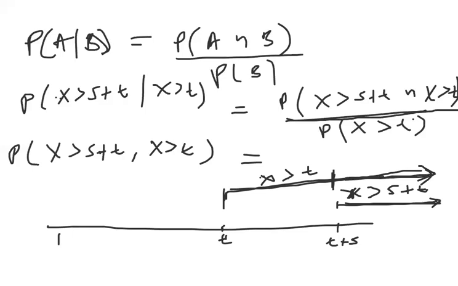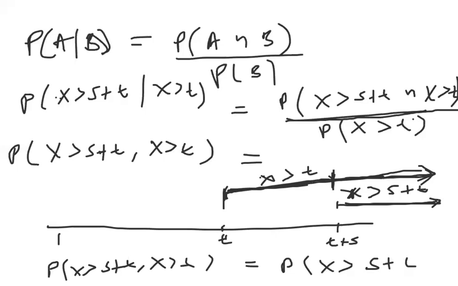Numbers below this part can only be found in X greater than t. So the probability of X greater than s plus t and X greater than t is equal to the probability that X is greater than s plus t. I hope that is okay.